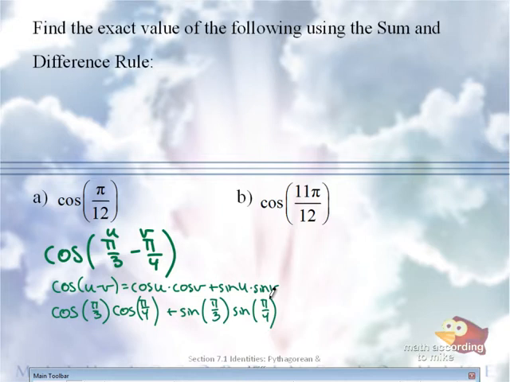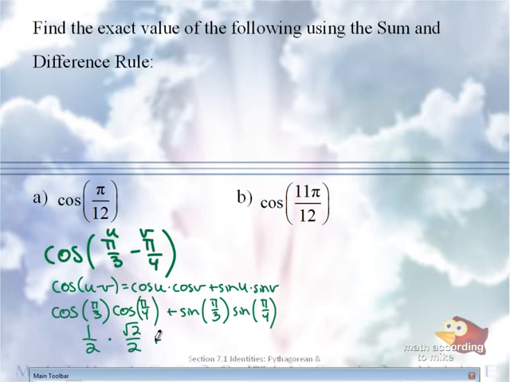Without looking at your unit circle, because everyone has it memorized, what is the cosine of pi over 3? Okay, 1/2. What is the cosine of pi over 4? Radical 2 over 2.